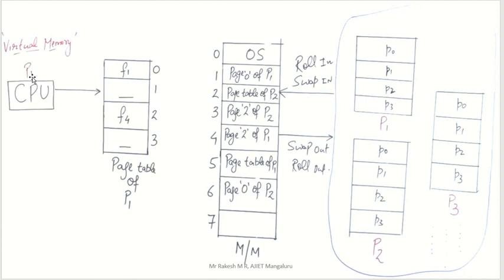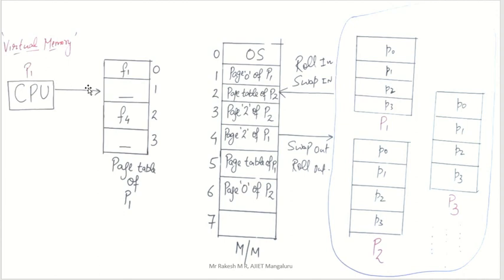Now the CPU will ask for some page of some process with the page table. That means the CPU will ask for that particular page from main memory. So it will send one logical address. Whatever logical address is sent here contains the page number.